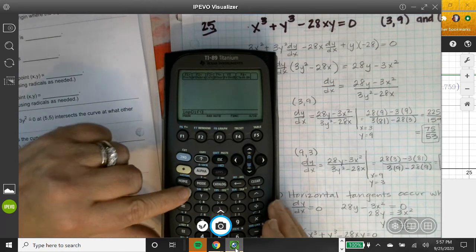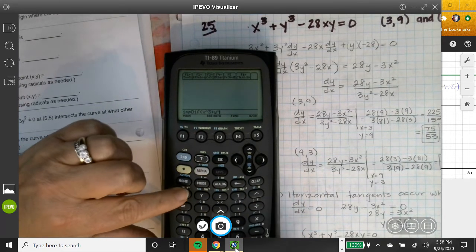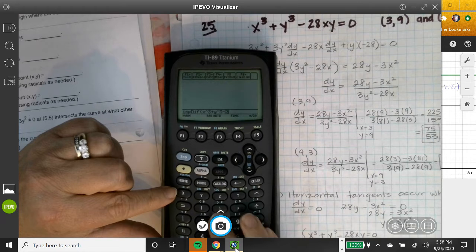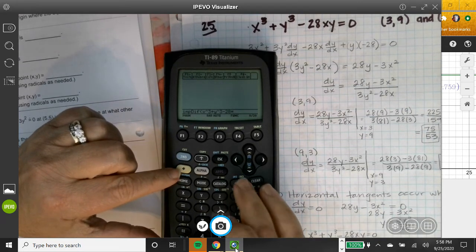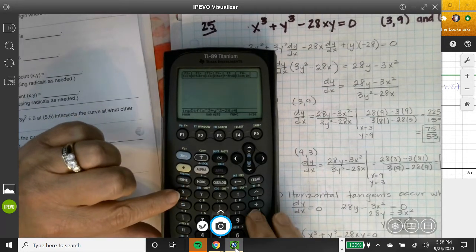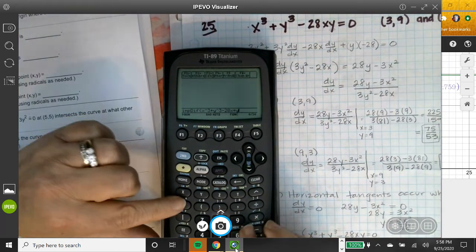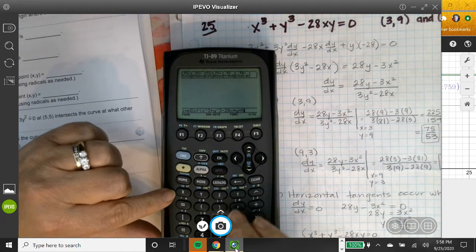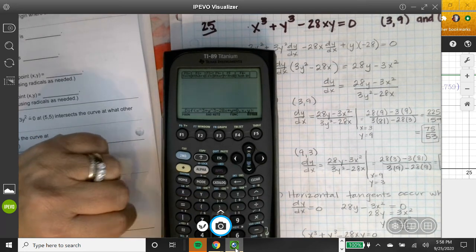Then I type in x to the third plus y to the third minus 28 times x times y, you must use the times, equals 0, comma, independent variable, comma, dependent variable, close. And there's my derivative.